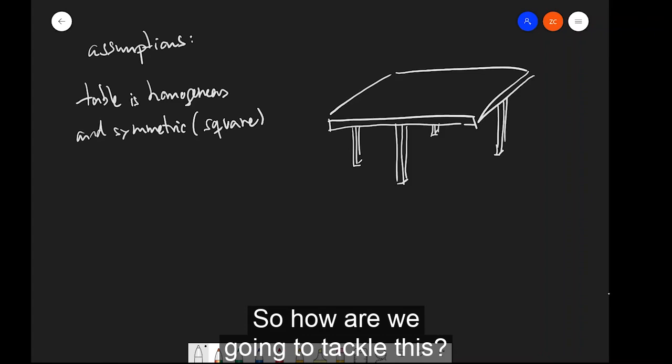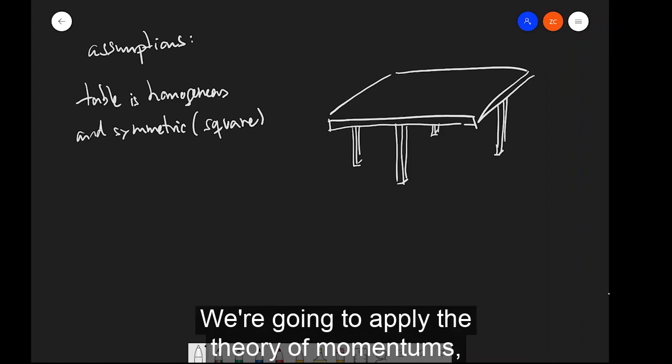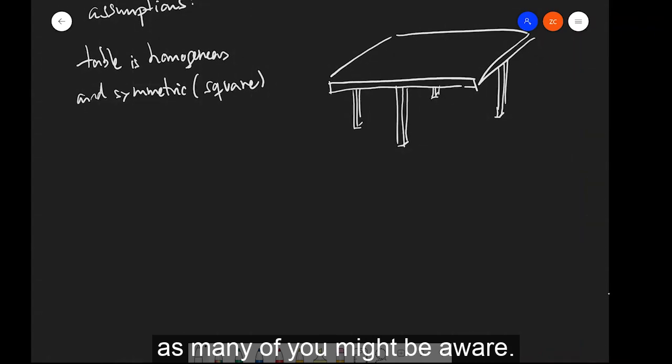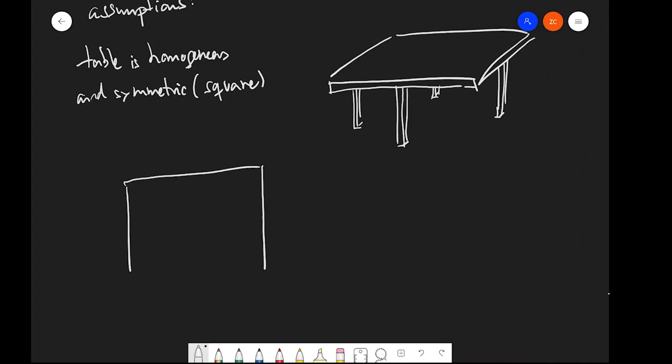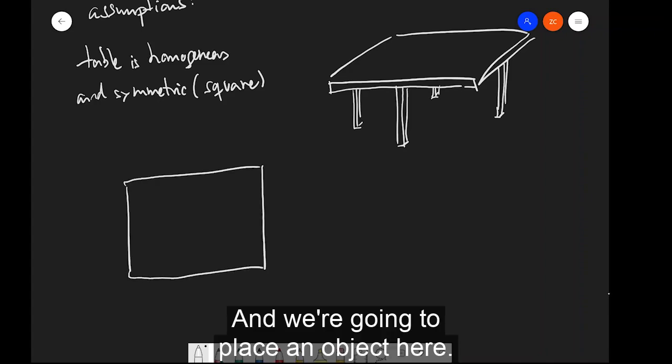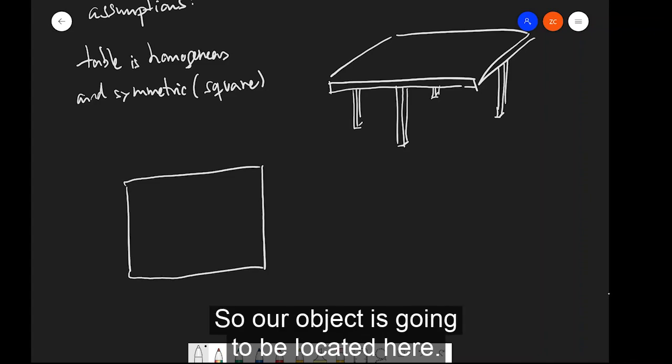Okay, so how are we going to tackle this? We're going to apply the theory of momentums, as many of you might be aware, and we're going to look at the table from the top as a square. And we're going to place an object here. So our object is going to be located here.